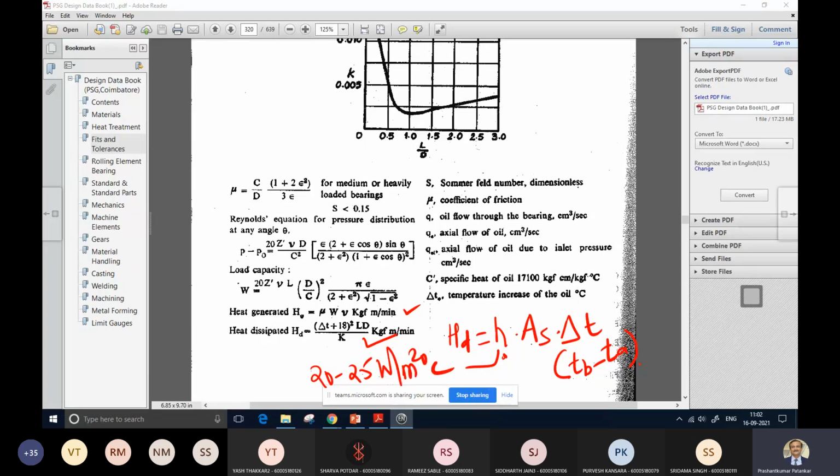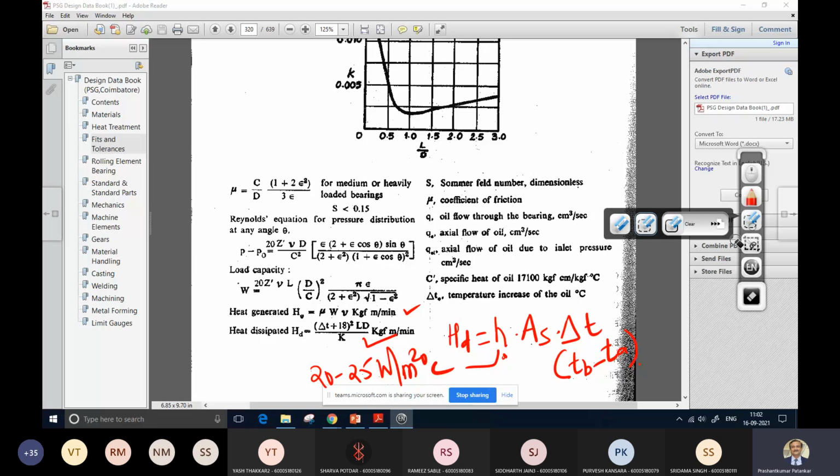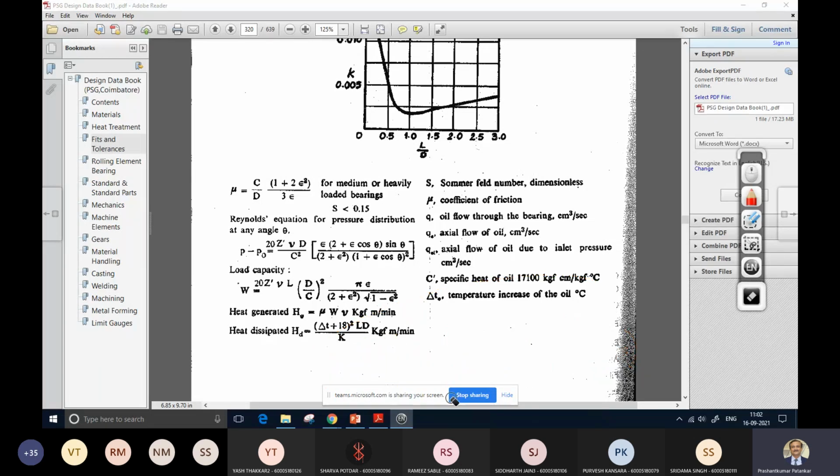I'm saying you can use this number only when the value of small h is missing. Otherwise, if they have given you any other value in the problem, you use that value accordingly.